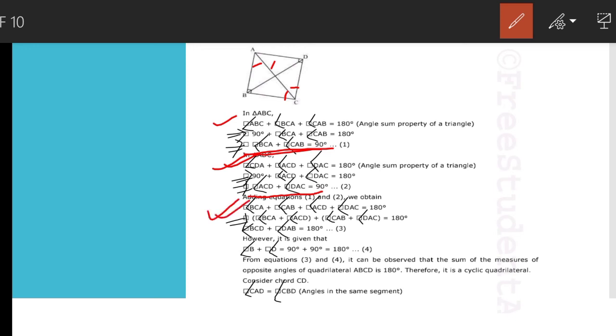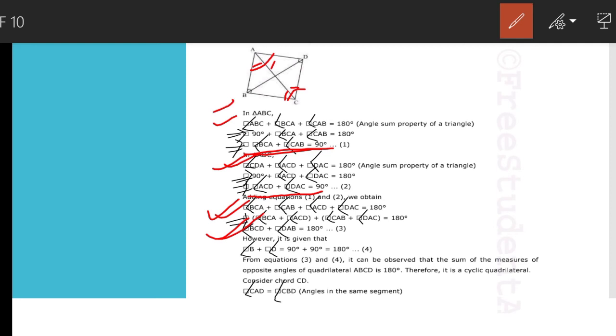Now the portion where C's are there we will take as one angle, and the portion where A's are there we will take as another. So we will get angle BCD, this full angle, that is angle C, plus angle A is equal to 180 degrees. So this is equation 3.